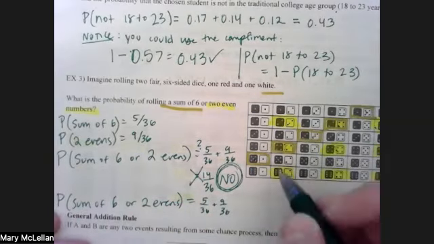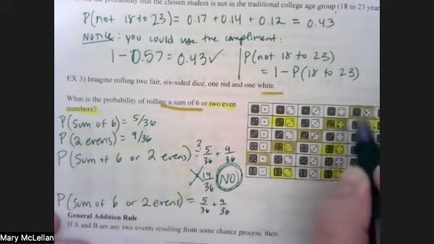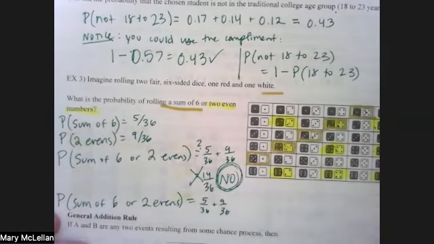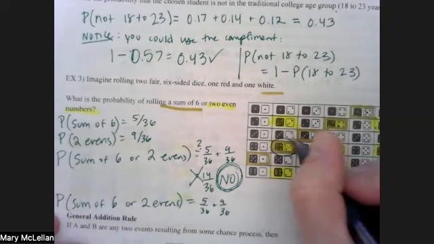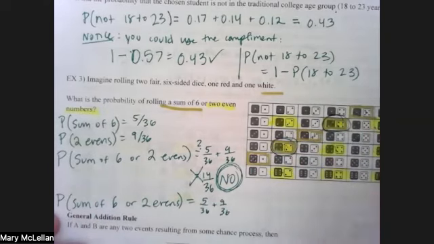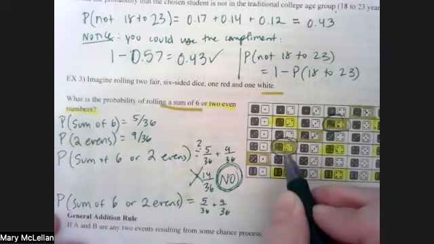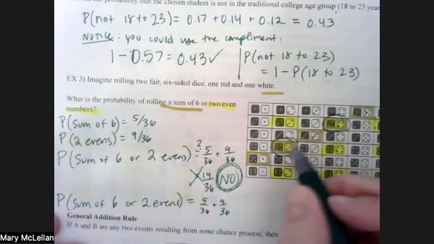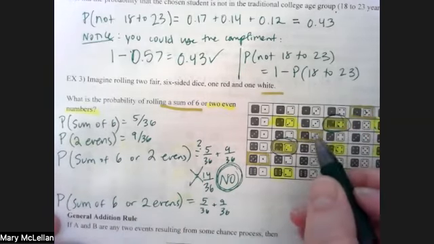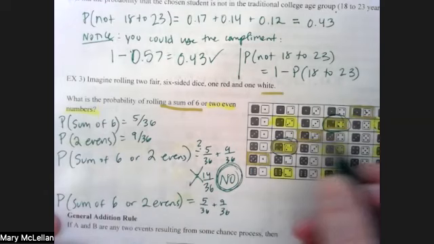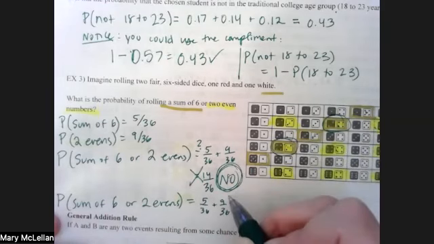But look, when I counted this 5, I was also double counting these pieces that are both adding to 6, but using 2 even numbers to do that. And because I counted those twice, I ended up with 14 out of 36 instead of 12 out of 36.